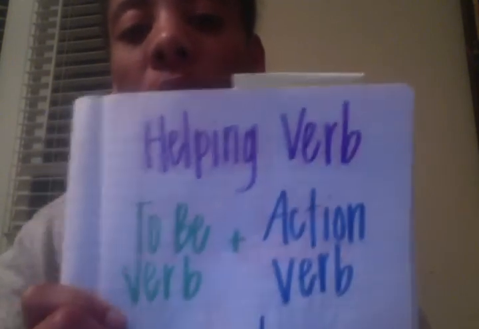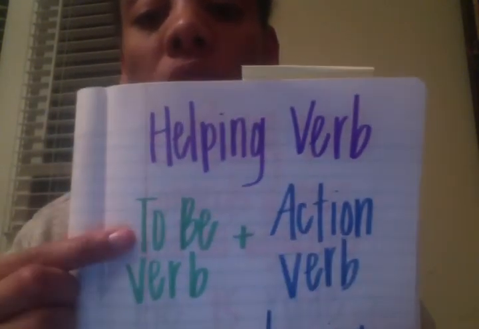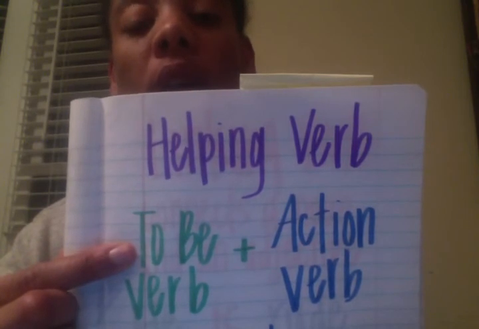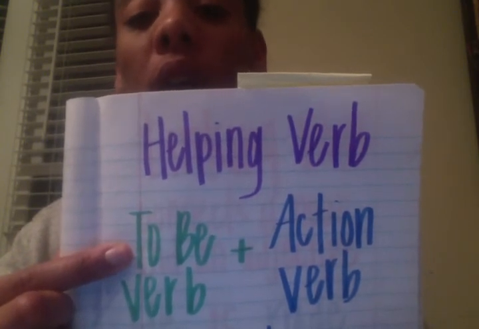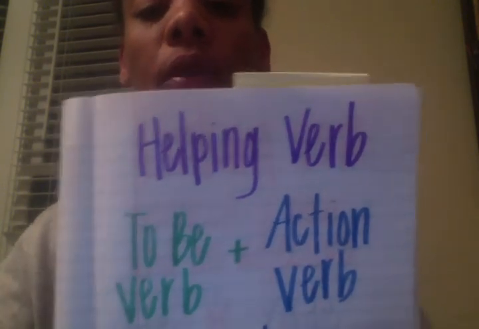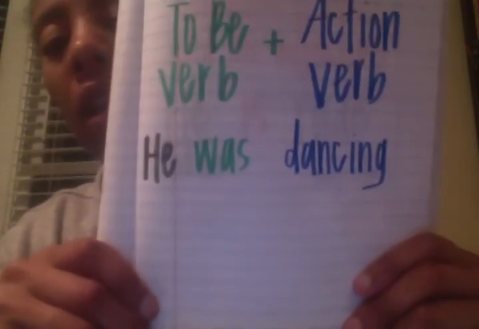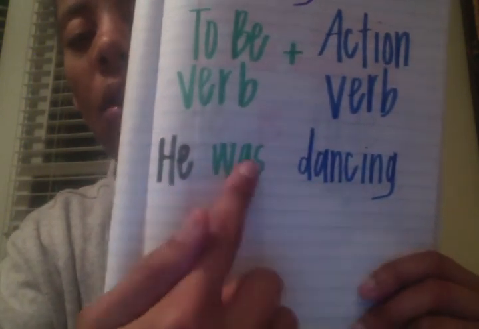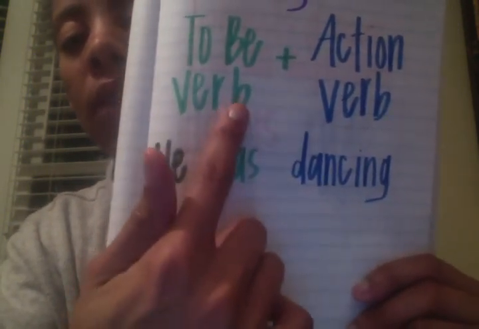With a helping verb, you have a to be verb like am, is, was, are, and were right in front of an action verb. For example, he was dancing. Was is a to be verb.